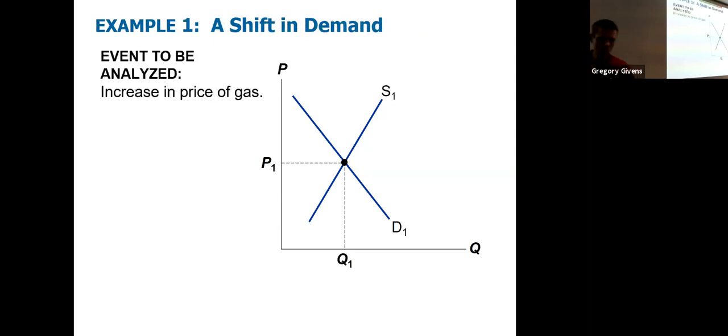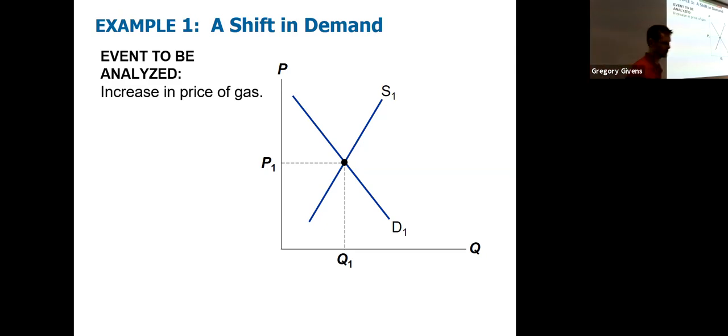Okay, let's do an example. What do you think happens to the price and quantity of electric cars in equilibrium if there is a sustained increase in the price of gasoline? Three-step rule. Does that affect supply, demand, both, or neither?